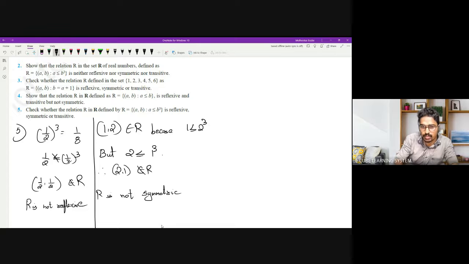In a similar way, we should find an example for transitive also. For transitive, you have 1 minute max.